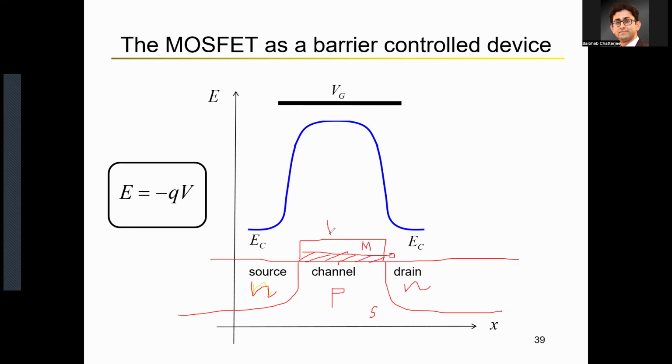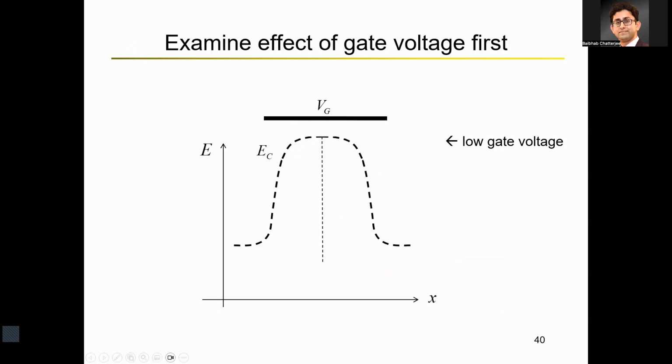Now, if you apply a positive potential at the gate, the energy of the electron will reduce. The overall energy will reduce. That means this energy barrier that you had initially will come down.